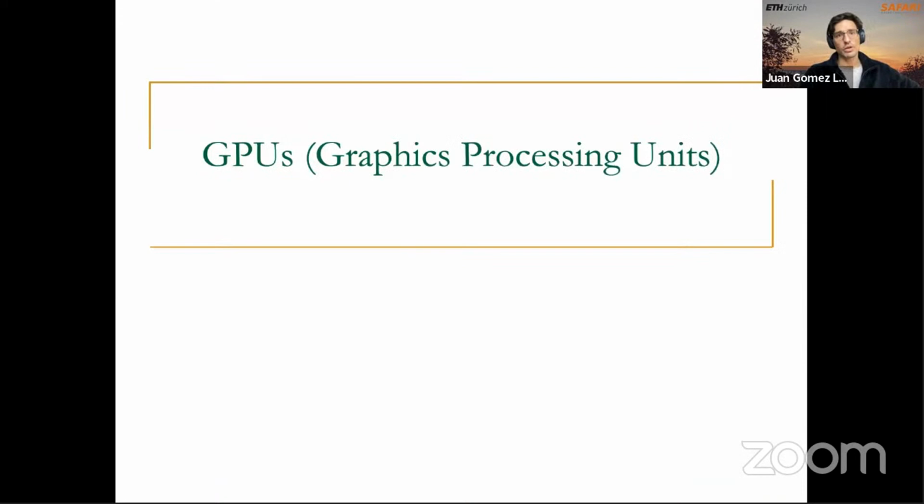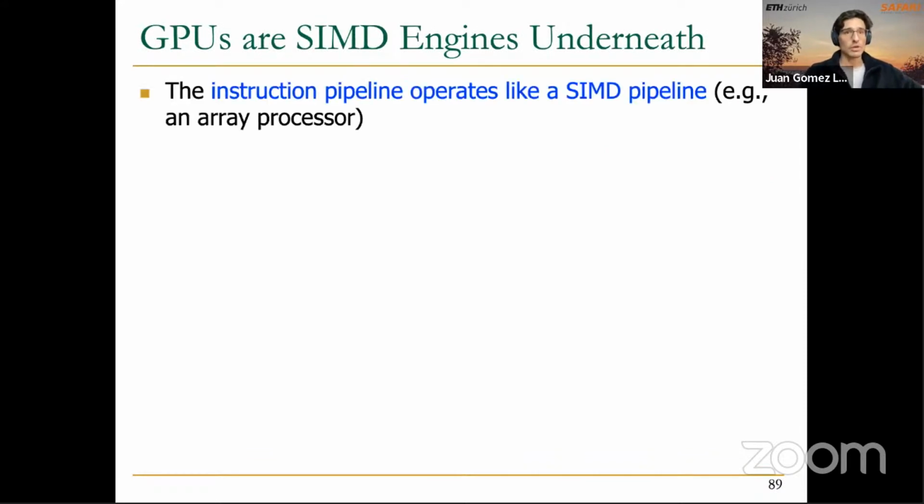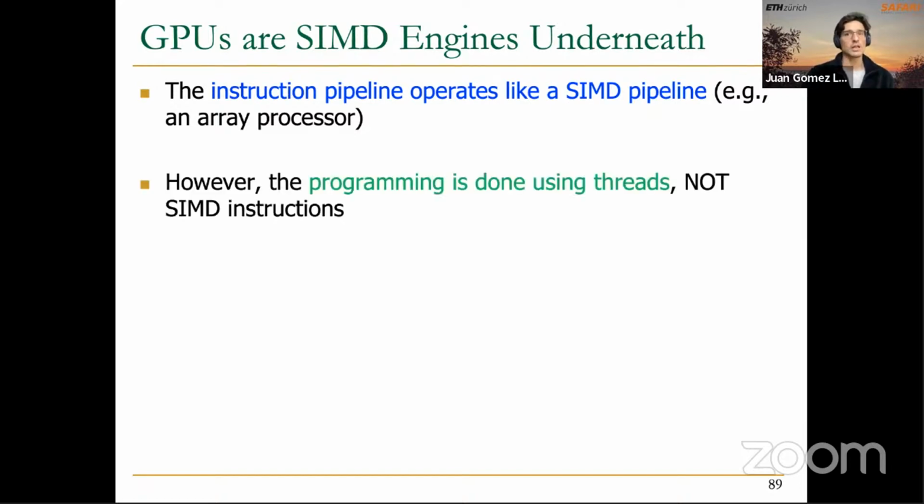And now it's time to start with graphics processing units, GPUs, and as I have already mentioned, GPUs are SIMD engines underneath. What that means is that the instruction pipeline operates like a SIMD pipeline, like an array processor, but it's not even an array processor. As I said before, it's a combination of array and vector processor.